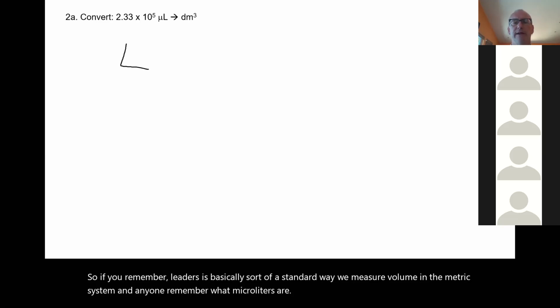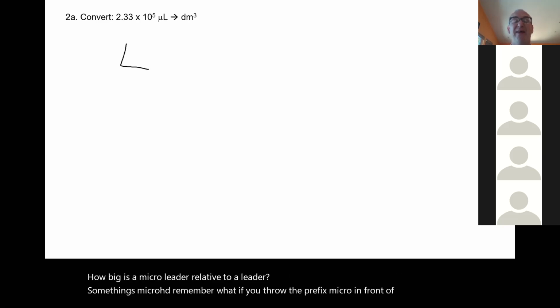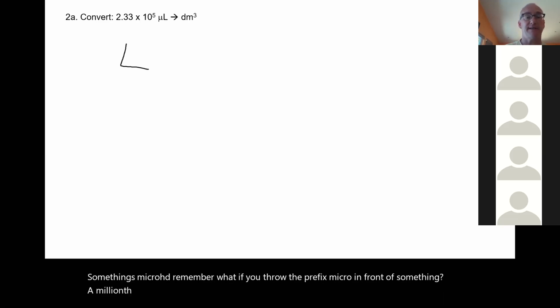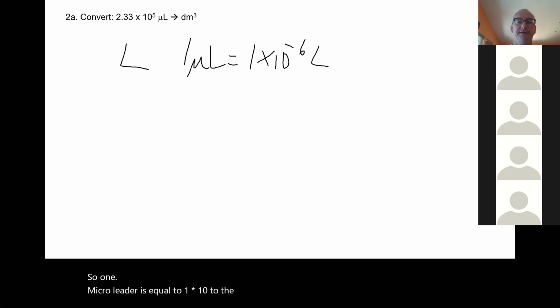How big is a microliter relative to a liter? If you throw the prefix micro in front of something, what does it mean? A millionth, right, or 10 to the minus 6. So 1 microliter is equal to 1 times 10 to the minus 6 liters.